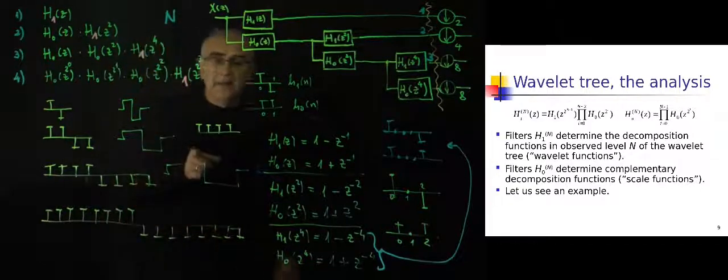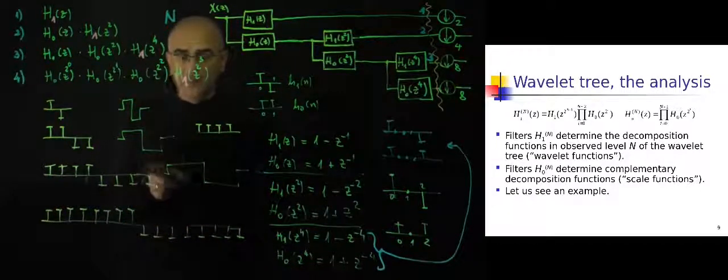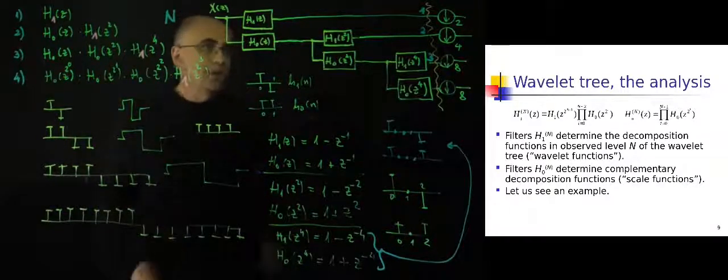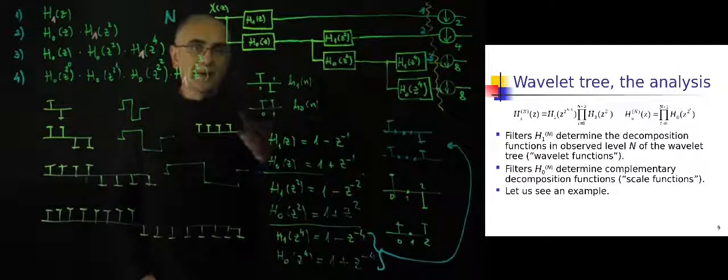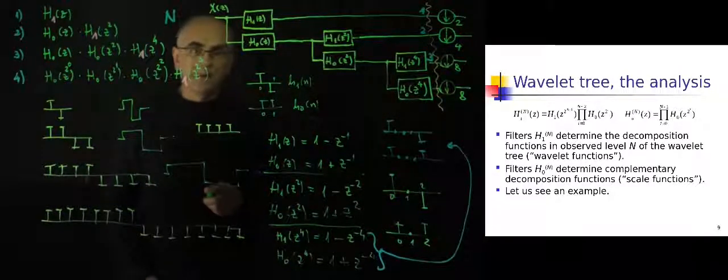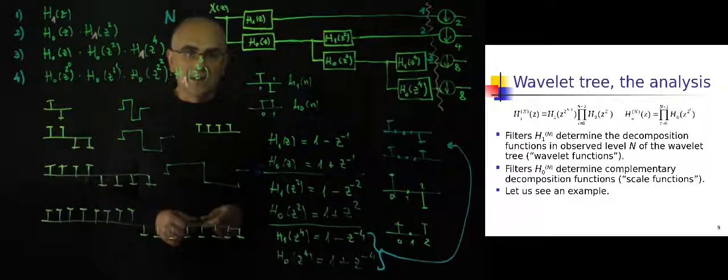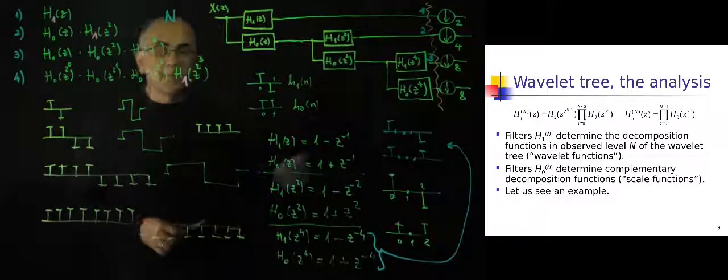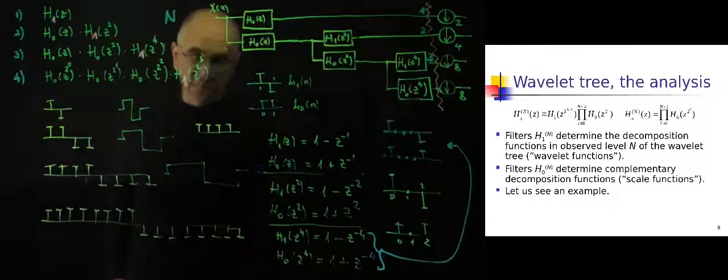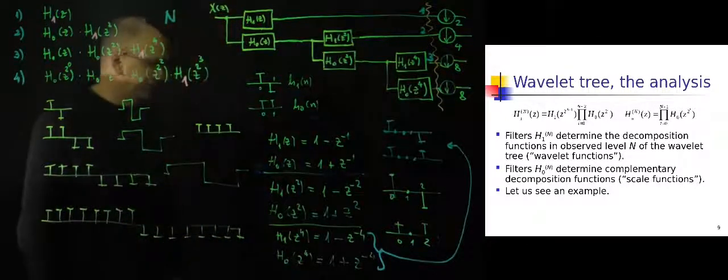So a careful observer noticed that I'm talking in this example about the Haar wavelet, and it really corresponds to a very, very simple discrete wavelet filter bank in the sense we have just discussed. Some more complex examples we can see on slides.